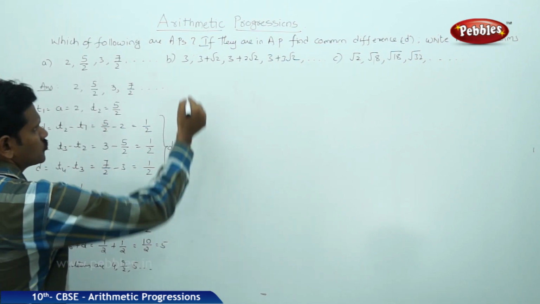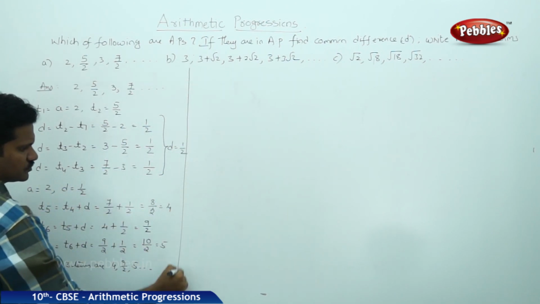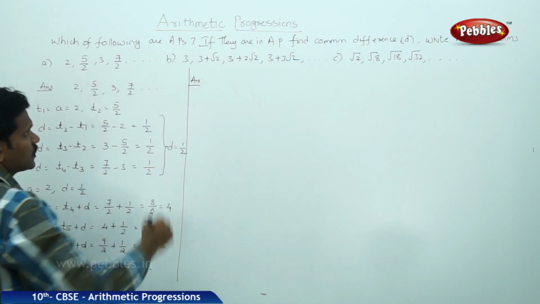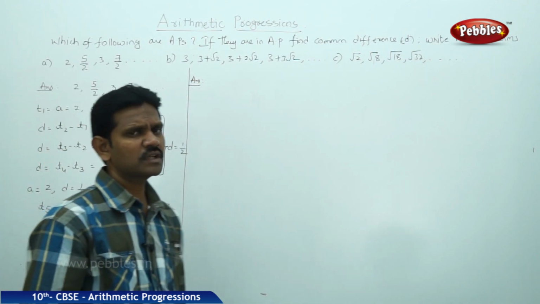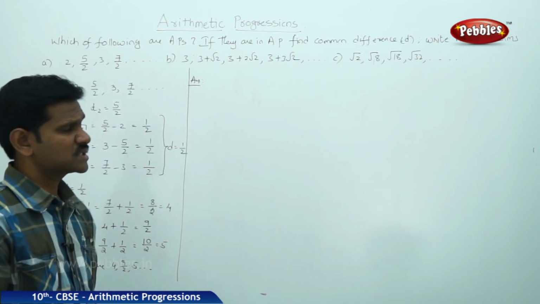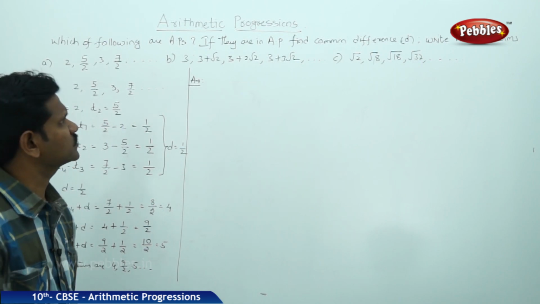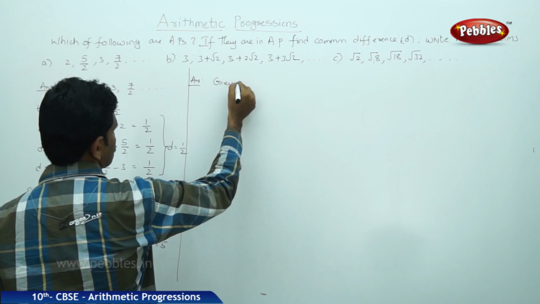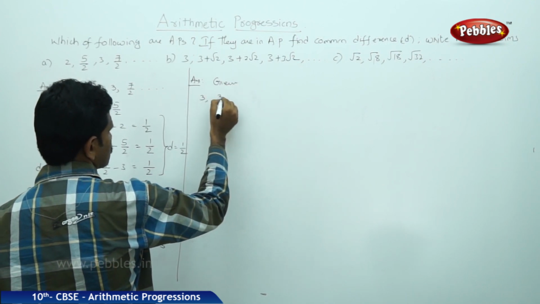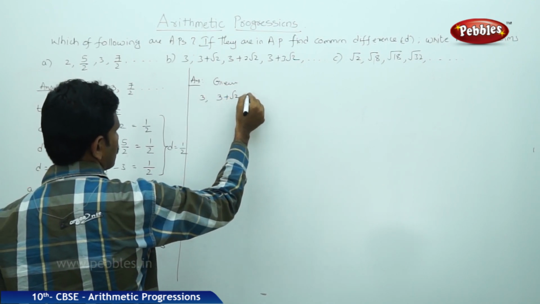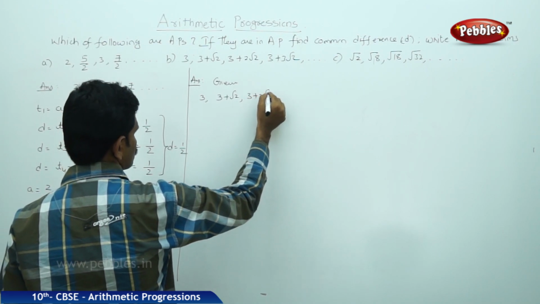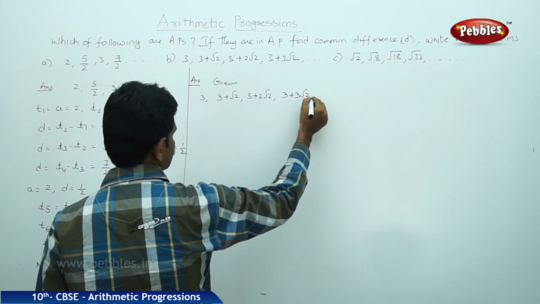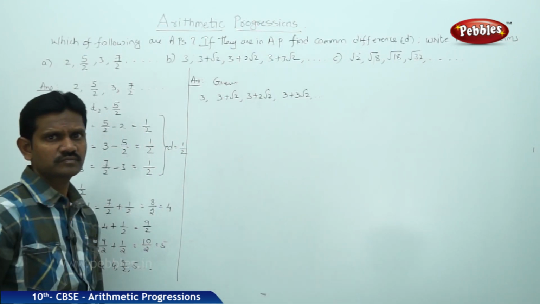Now let us come to the second example. Already we discussed the verification that the given one is in AP: it must maintain the common difference. The given sequence is 3, 3 plus root 2, 3 plus 2 root 2, 3 plus 3 root 2 and so on.